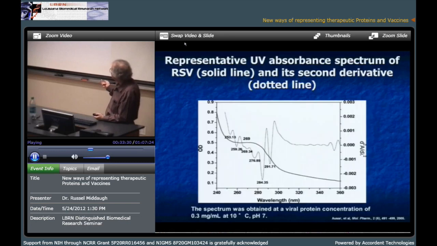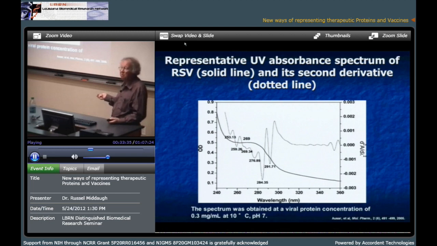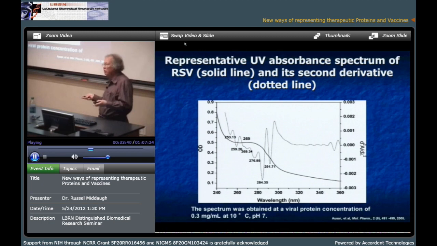Anyway, so this is a virus. It's a live attenuated virus. And you can make the kinds of measurements we just described with something like a virus. There's a big difference, though, isn't there? An obvious difference. Whereas in a protein, we can make statements about the change in secondary structure of this protein, here a viral particle will have multiple proteins. It'll have some nucleic acid.